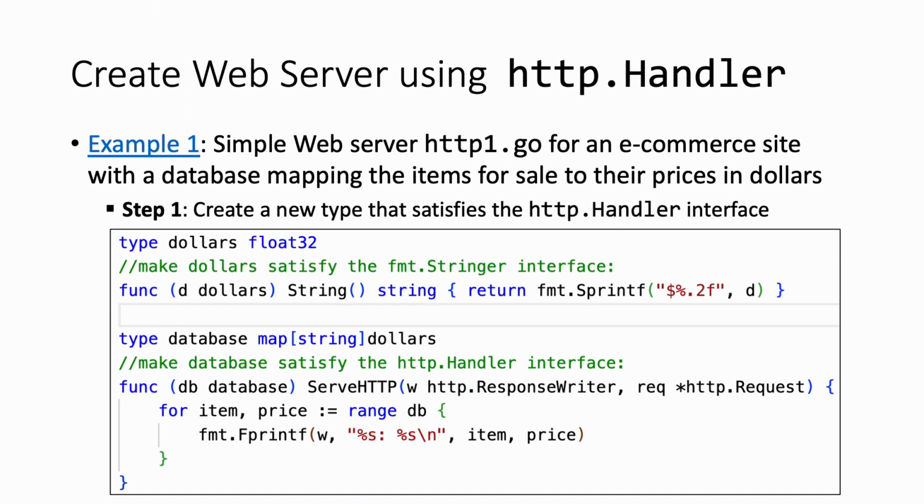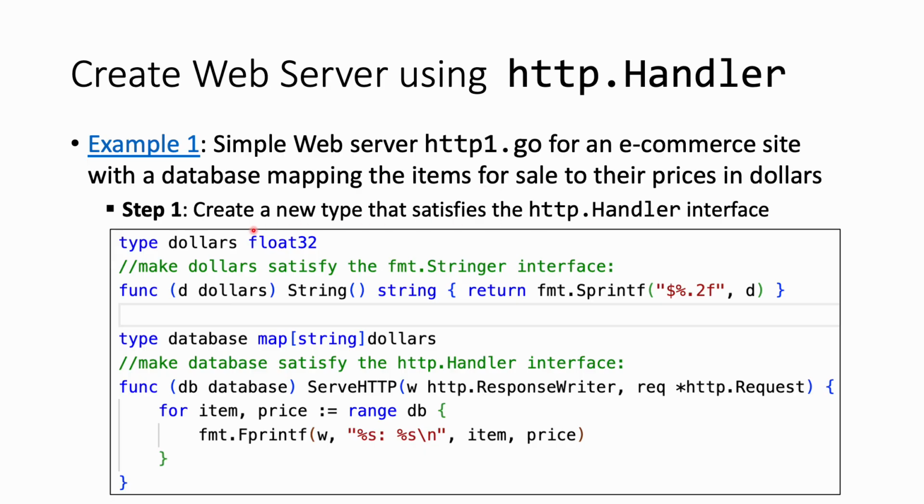To illustrate the two-step way of creating web servers using the http.Handler interface, let's consider the first example, which is to create a simple web server named http1.go for an e-commerce site with a database mapping the items for sale to their prices in dollars.